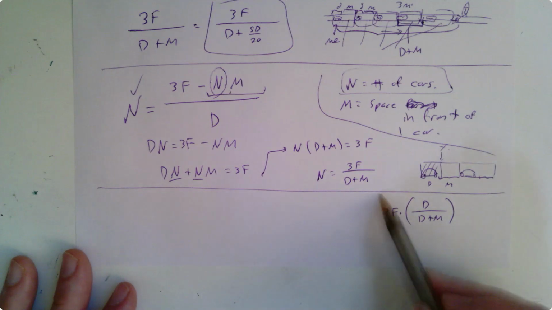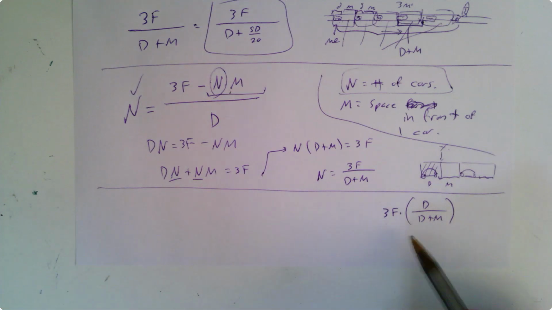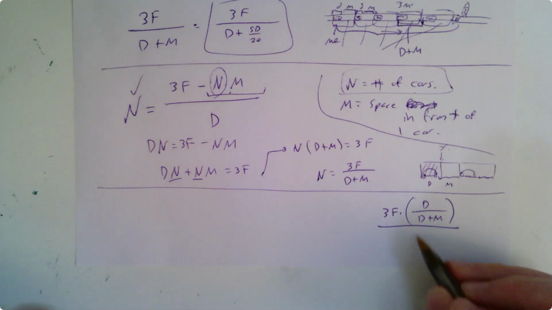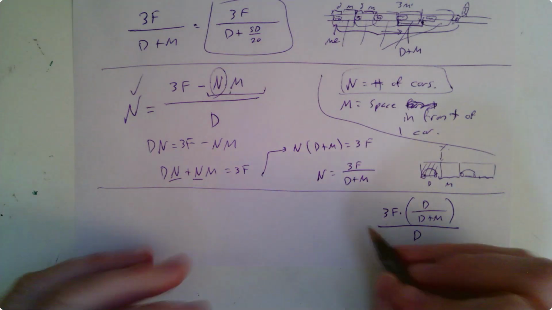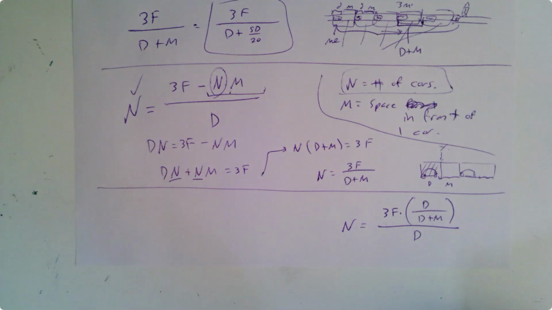And so now this is giving me the total length that's taken up just by cars. And so now I can divide that by d, the length of the car, and that should tell me the number of cars. So this equation should work also, but let's just convince ourselves that this actually works out to be the same as what I've got over there.